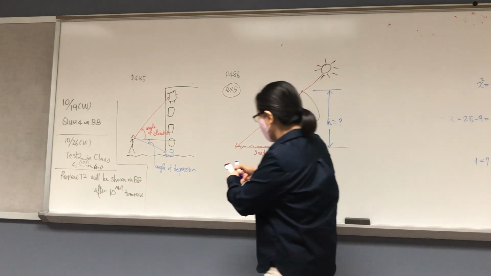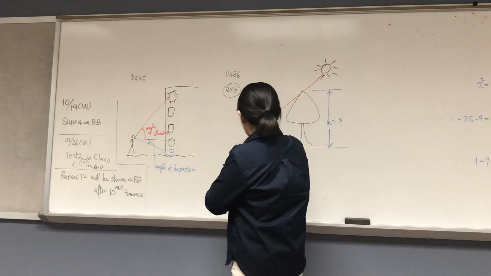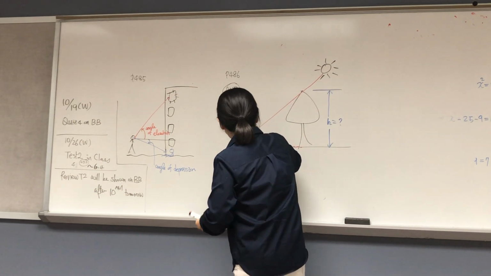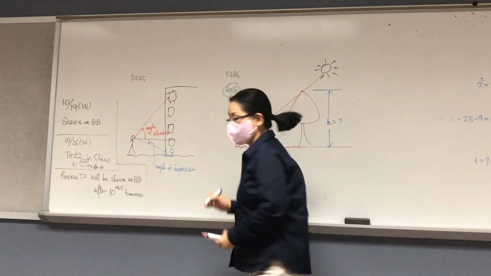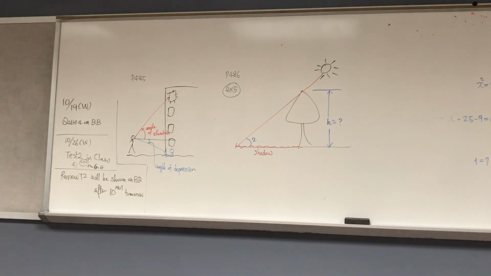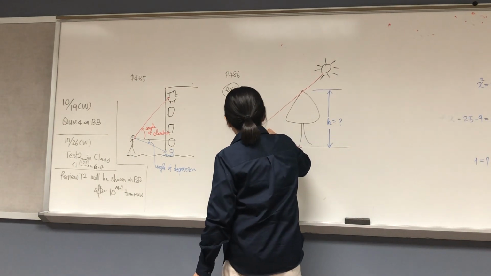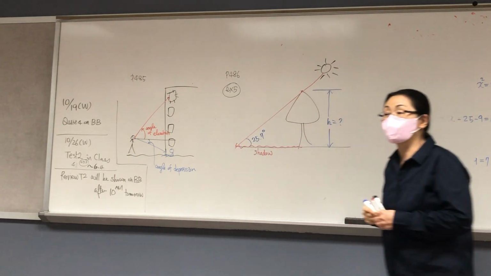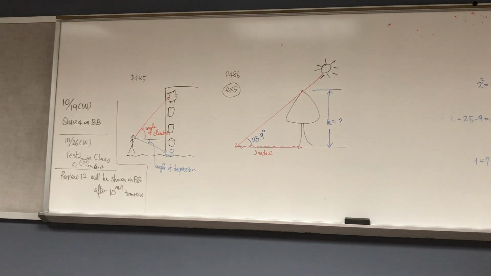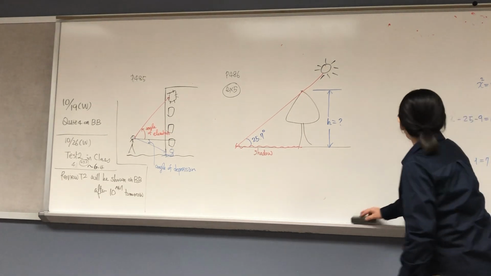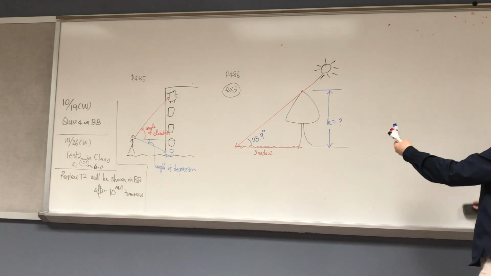From this measurement, this angle is given as 25.7, because it is an experimental result. What kind of equation can you set up to solve for H?